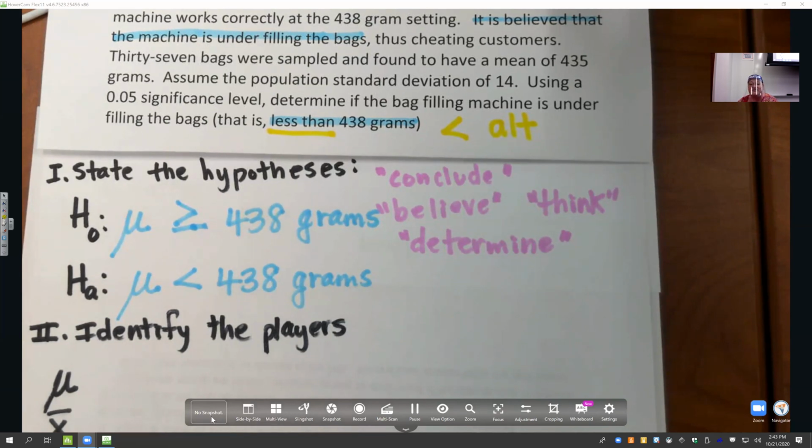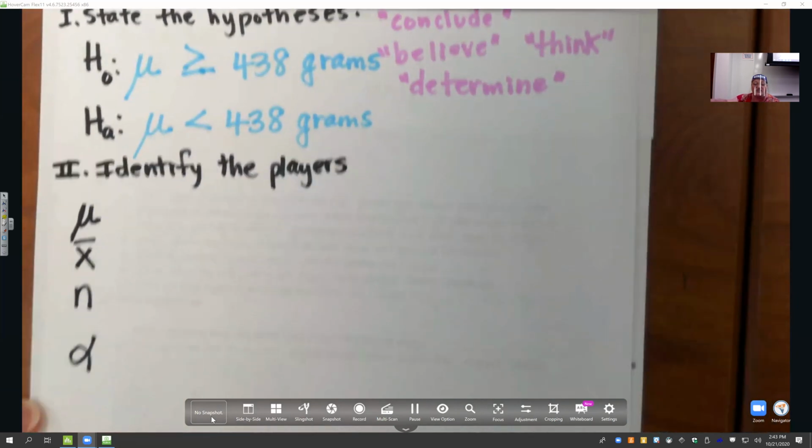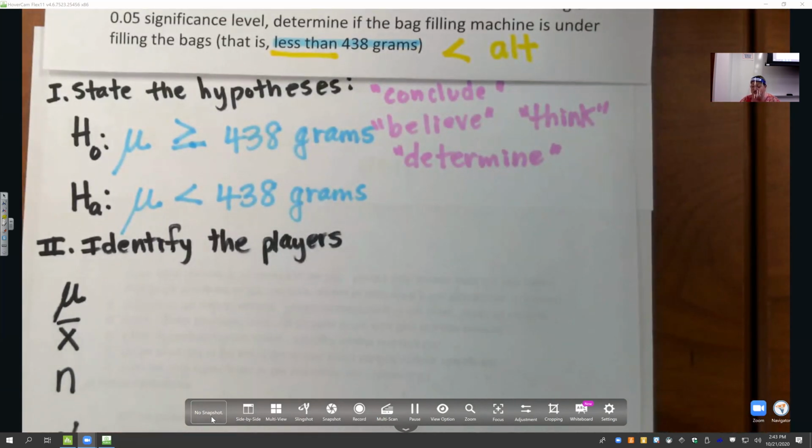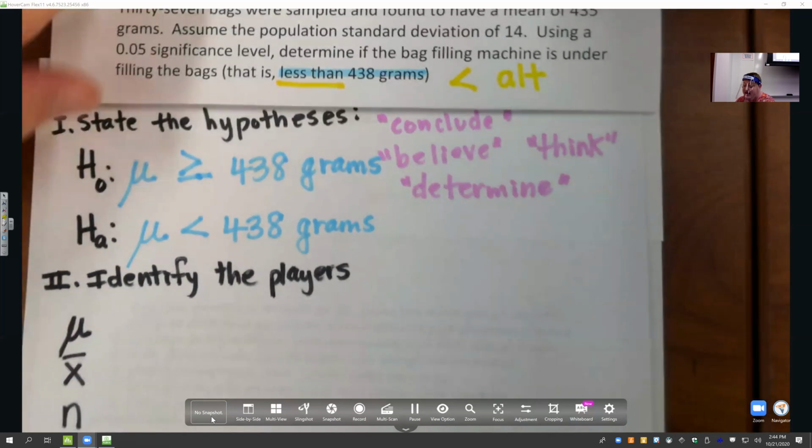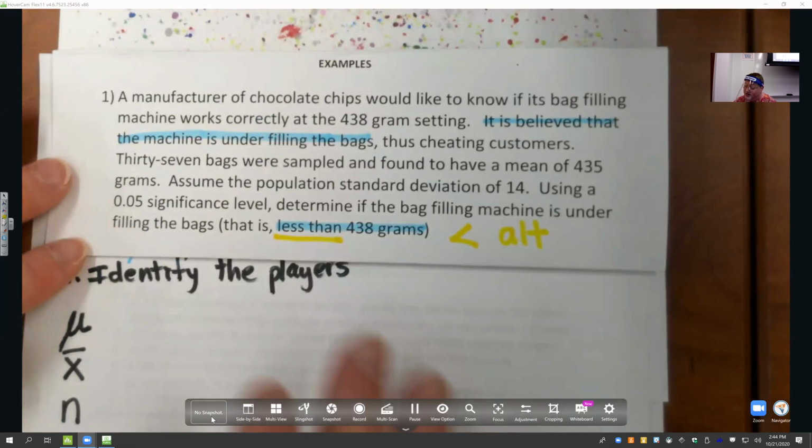The piece that varies from question to question is whether or not you have the population standard deviation or the sample standard deviation. So you got to pay attention because all the pieces are given in this problem. If I go back, I can scan through it and find those, okay?